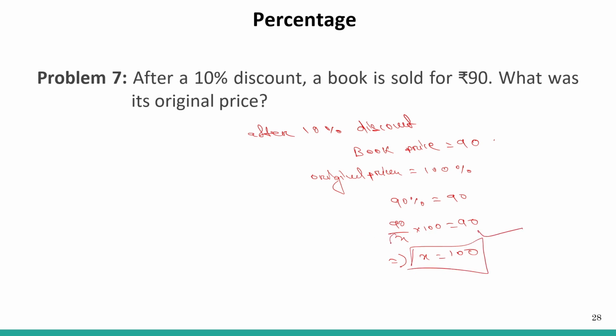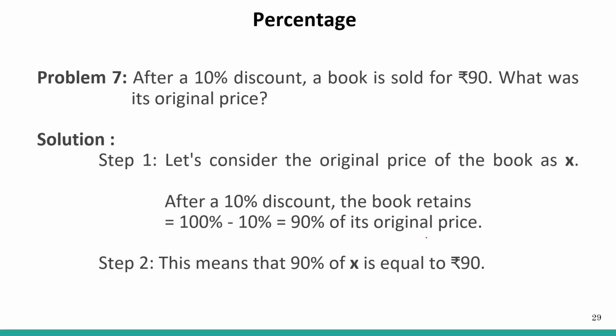If we consider or assume X as the original price, let's see the step-by-step solution. Let's consider the original price of the book as X. Here we have also done the same. After a 10% discount, the book retains 100% minus 10%, which is 90% of the original price.